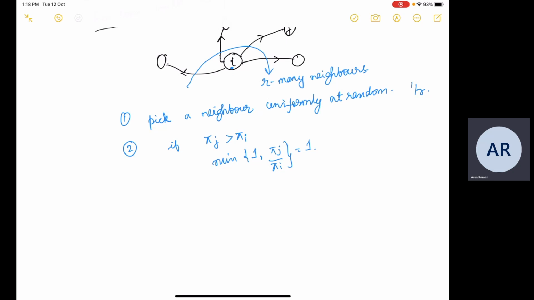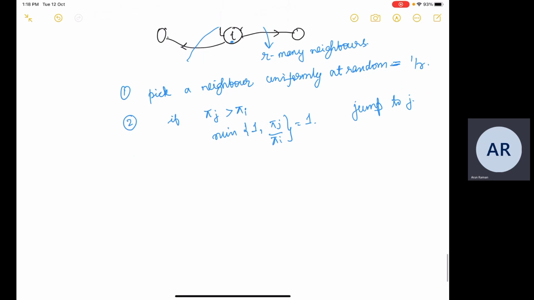So first pick a neighbor uniformly at random, with probability 1 by R. If pi_j is greater than or equal to pi_i, then jump to j, because this term is equal to 1.